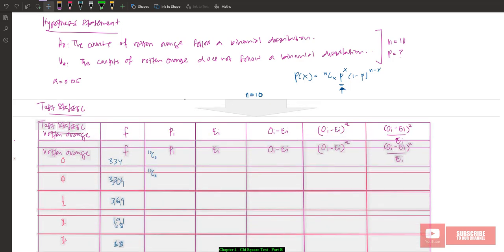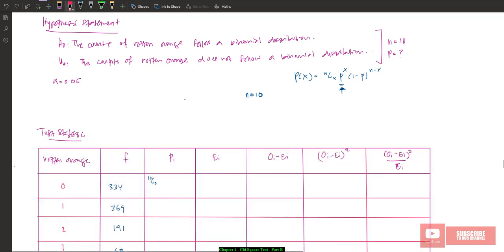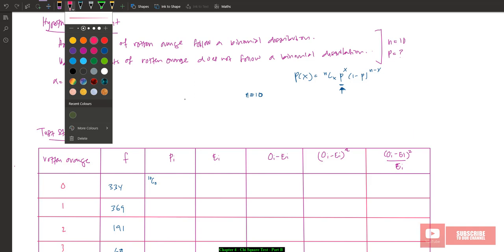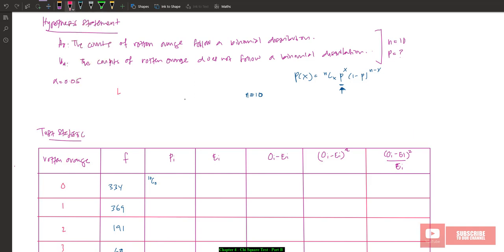We try to extrapolate the value of p. Let's say we're going to use expected of x. So expected of x is also equal to np. This is based on the binomial distribution, where np is equal to x bar, our mean of random variable x.